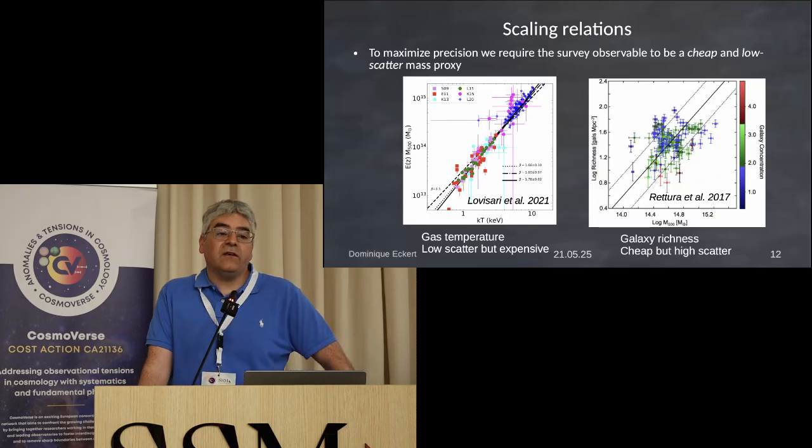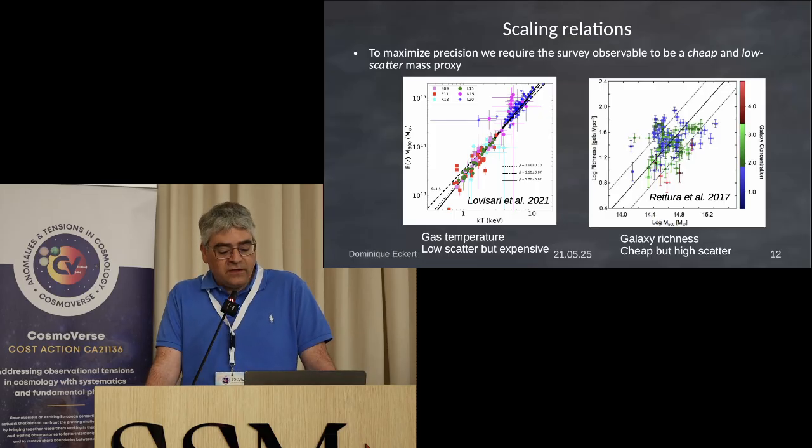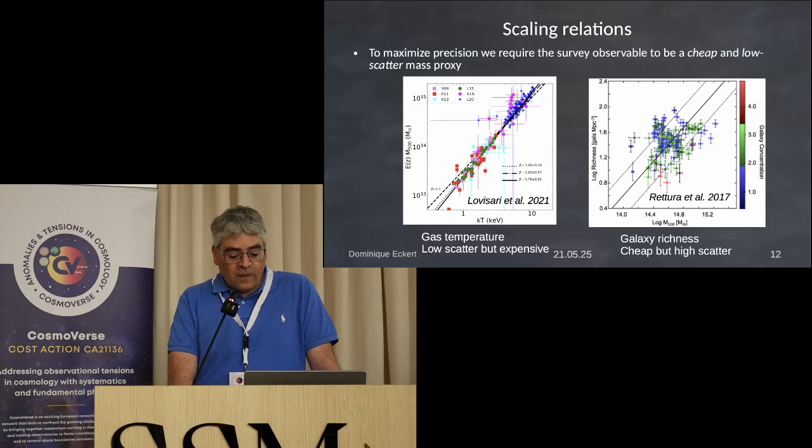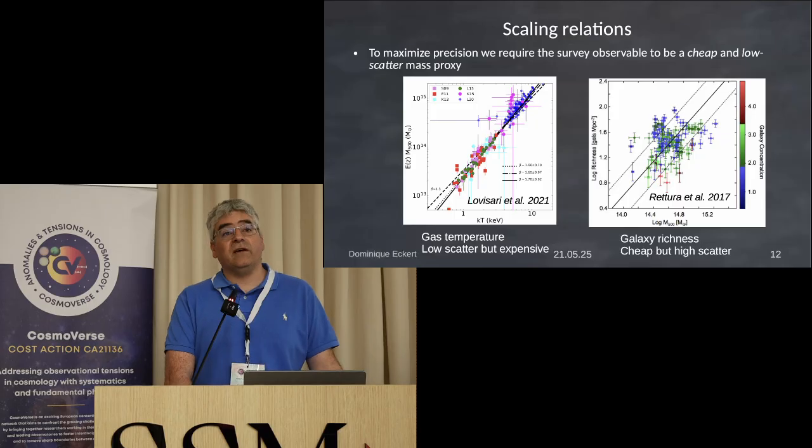On the other hand, you have the galaxy richness, which is the primary observable for optical cluster samples. That is very easy to measure because you just count galaxies, but it has a huge scatter at fixed mass. So ideally you want to have a proxy which is both cheap and low scatter, but that is hard to find.